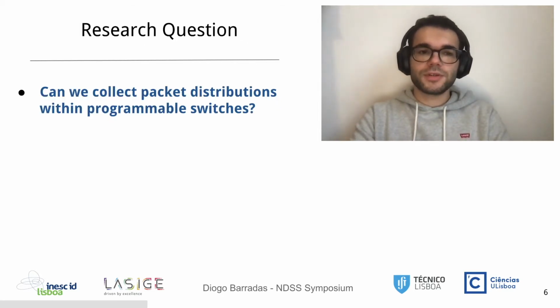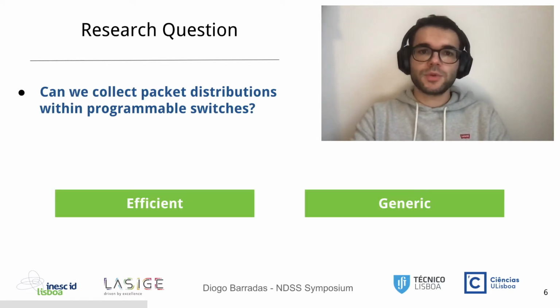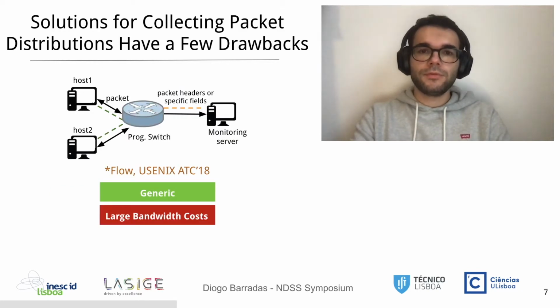So our research question is whether we can collect these packet distributions within programmable switches in such a way that this collection can be performed in an efficient fashion and in a generic way to support multiple machine learning-based applications. Unfortunately, some solutions for collecting packet distributions in programmable switches do have a few drawbacks. For instance, packet aggregation approaches like StarFlow duplicate packet headers or specific fields to a monitoring server.